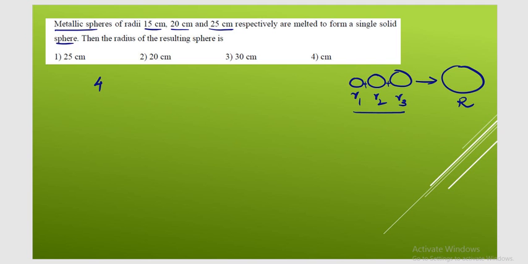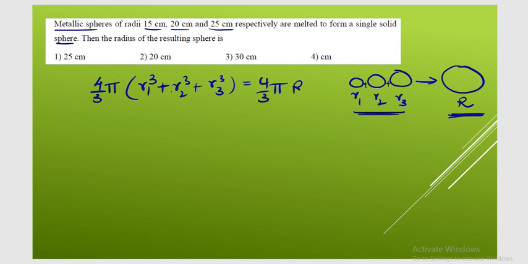Then the relation I can get is: when 3 spheres are melted and recast into a 4th sphere, the volume of these 3 spheres will be equal to the volume of the 4th sphere. That means 4/3 pi into R1 cube plus R2 cube plus R3 cube is equal to 4/3 pi into capital R cube.